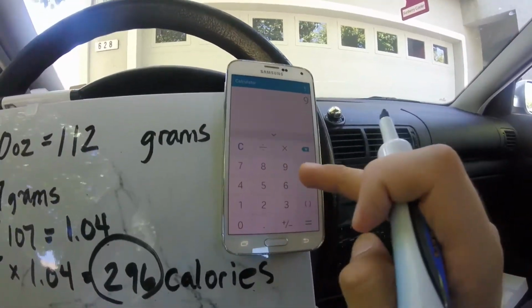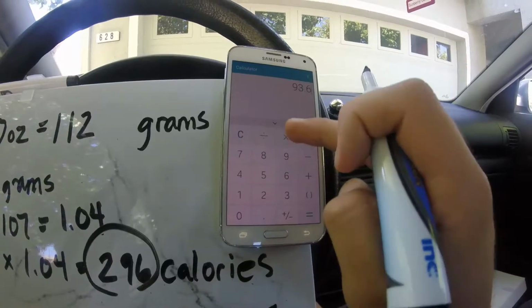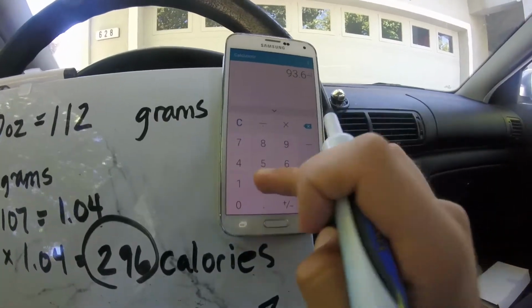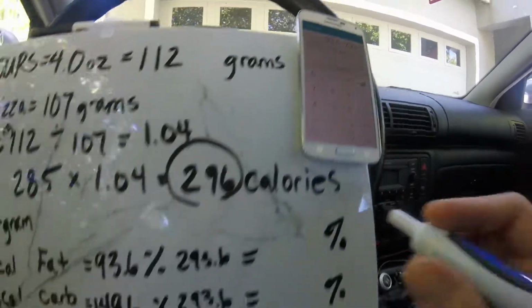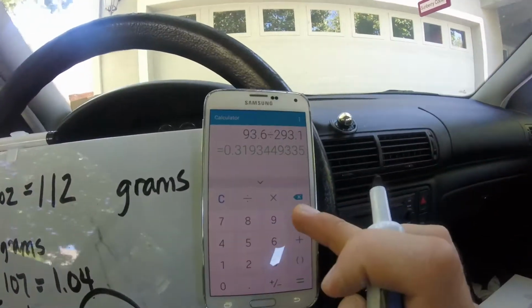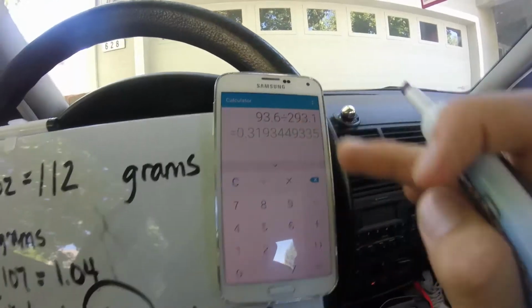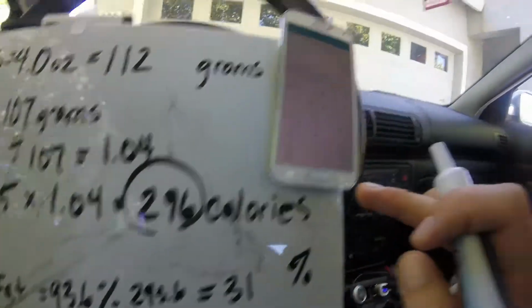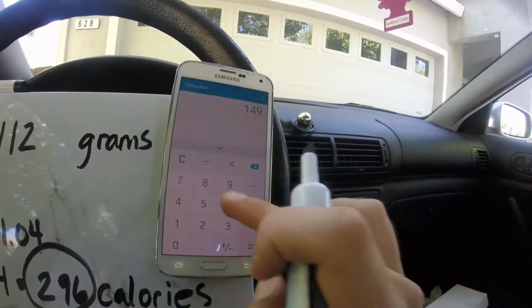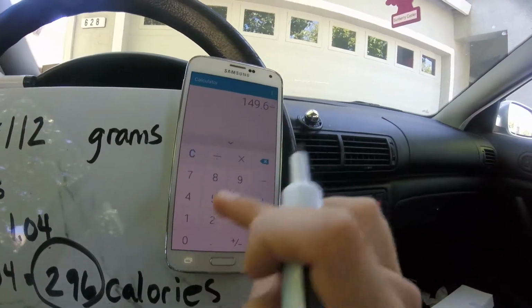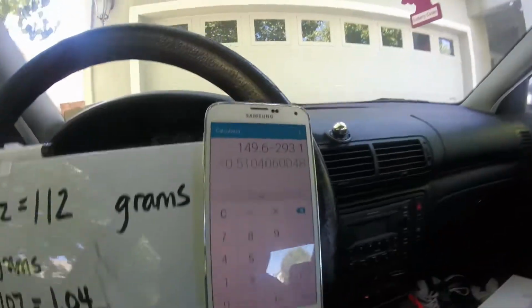293.1, and it will give us a percentage of that group to the overall amount, which is 31%. So 31% of this food group is fat, which is basically just about a third. So now we'll do 149.6 divided by the 293.1.